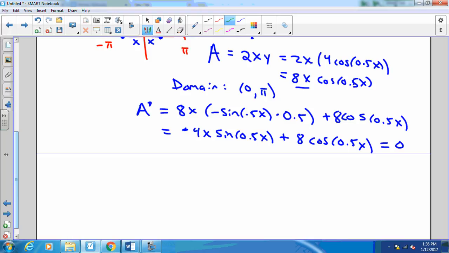The second reason I wanted to do this problem is because of this equation right here. Does everybody see that this equation contains a combination of trigonometric functions and polynomial functions? Because of that, it is algebraically impossible to get an exact algebraic solution. I have to use the calculator to solve this equation. So, everybody get your calculators out and go ahead and solve this equation right here.